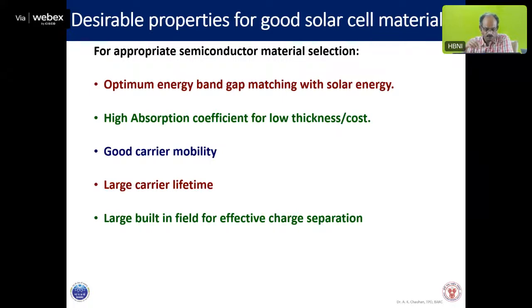So the more the V_bi, or the more the built-in field, the more force there is, and it is quite probable that they will move towards the electrodes.